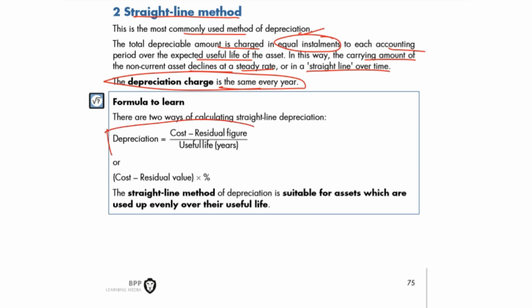Formula to learn. This is a common formula for a straight line method of depreciation, which is cost minus residual value or scrap value over a useful life, meaning how many years we're going to use the asset for.